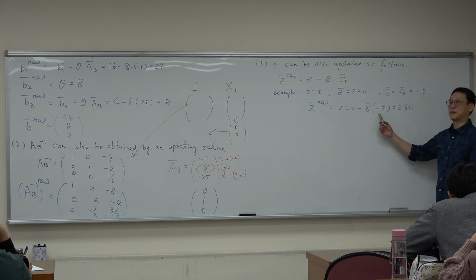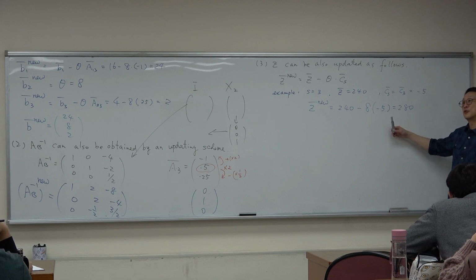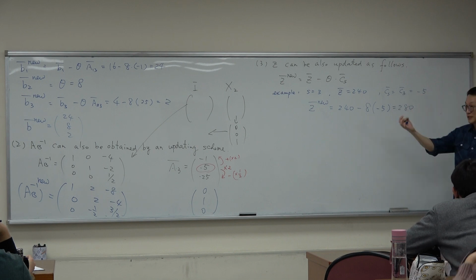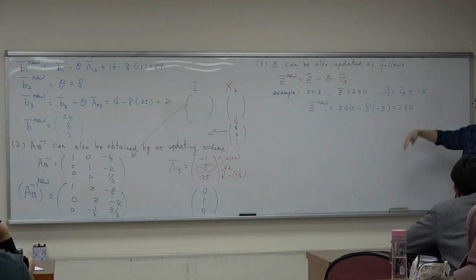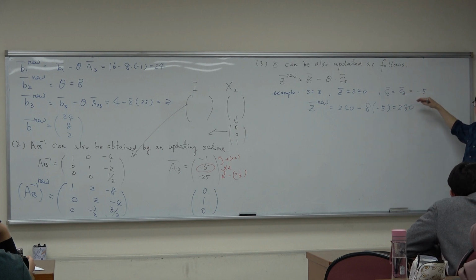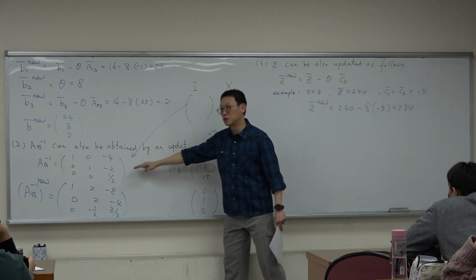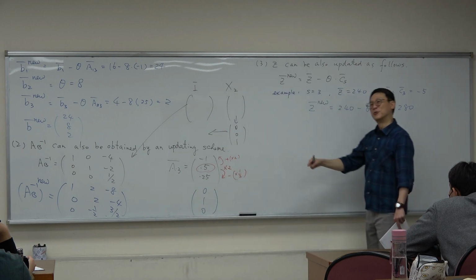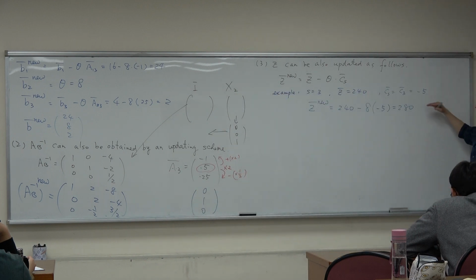What do we multiply by? -8, because we want to eliminate C3 bar from -5 to 0. Remember that? Because the basic variable's objective function coefficient should be 0. So the second row should be multiplied by 5, adding to the objective function.